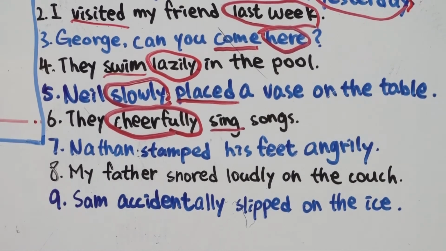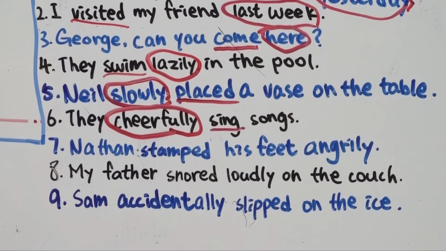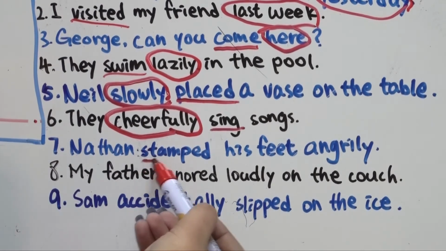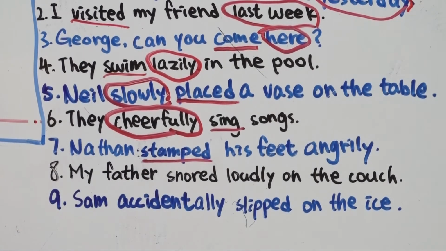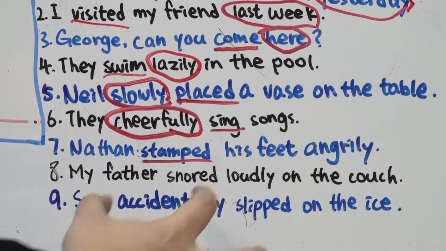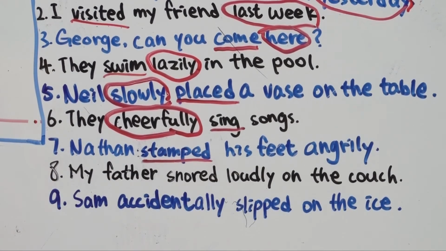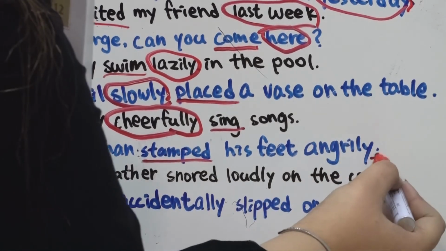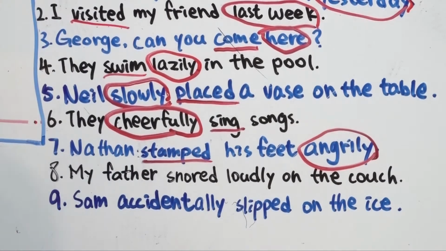The noise you make with your feet on the ground. It's like when you're angry. Alright? So stamp is the action. So you underline stamp. Is there any adverb that tells you how, when, or where this action happens? Which adverb here describes stamp? That should be angrily. Check your answers, everyone.